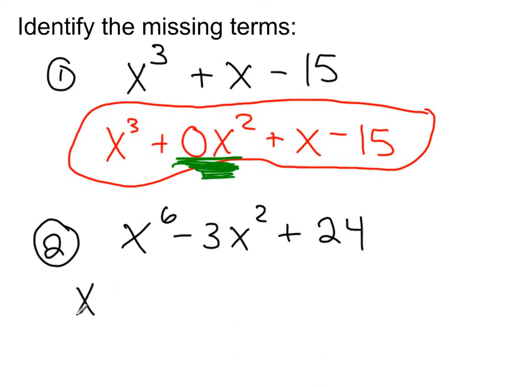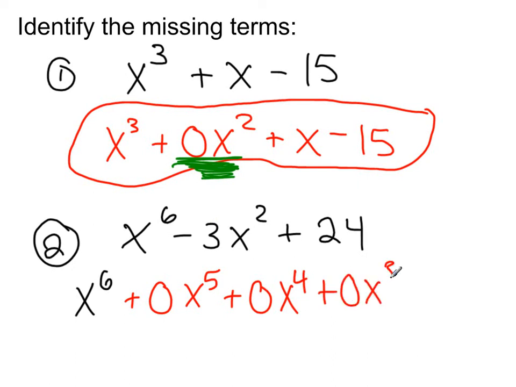So we have x to the 6. The next degree down is to the 5th, and there's no to the 5th, so we say there's no x to the 5ths. There's also no x to the 4ths. And there's no x cubes. Oh, but we do have x squared, so we'll have that minus 3x squared. There's no x's.